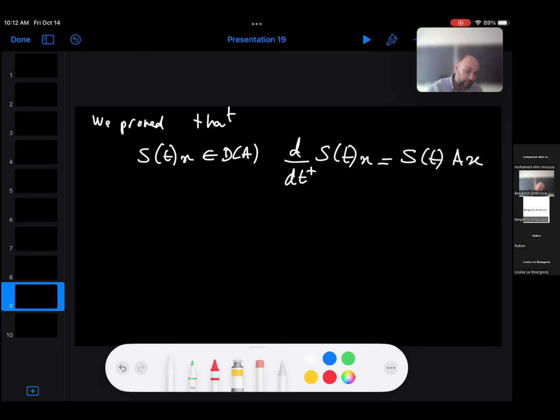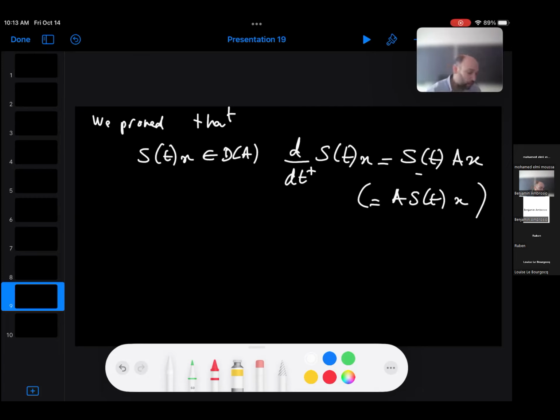And by definition, this is also equal to A of S_t x, because by definition, A is just a limit. It's a derivative, in fact. You compute A thanks to a derivative. So this is just by the definition of A. And this, we just proved it.